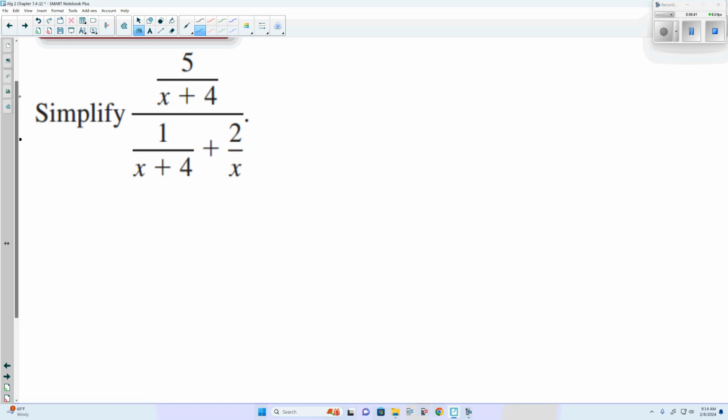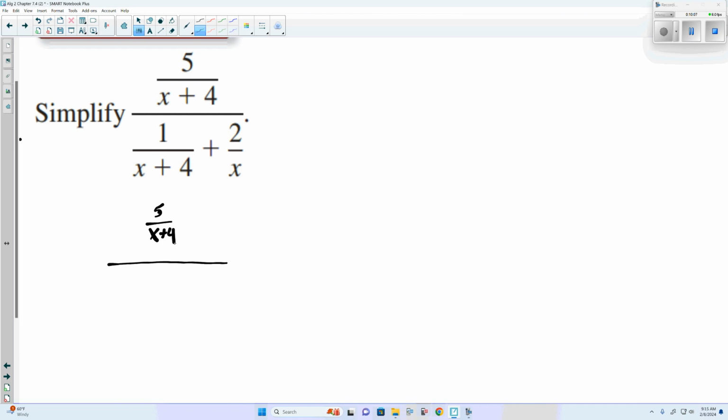So when we look at this one here, we're going to do method 1 first. Method 1 says that we rewrite each fraction, numerator and denominator, as a single fraction. And that's fine because the numerator, 5 over x plus 4, is already a single fraction. However, the denominator is not.